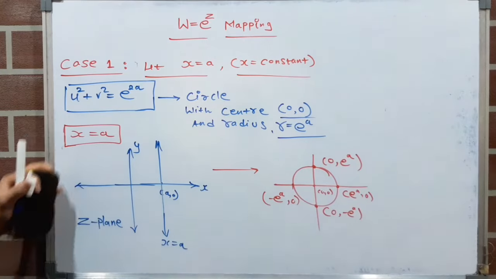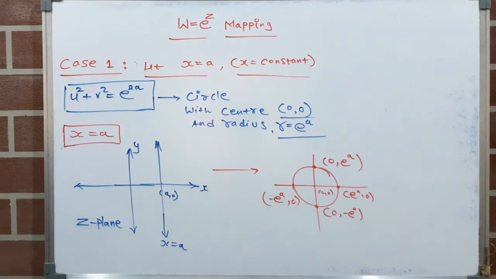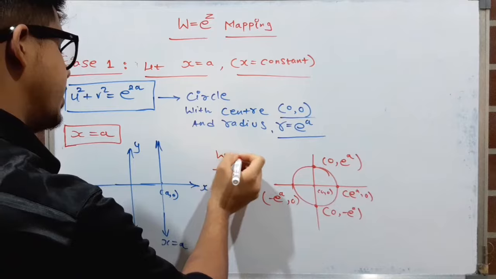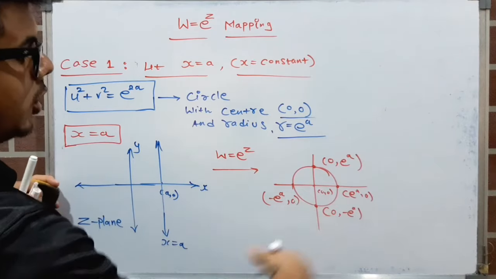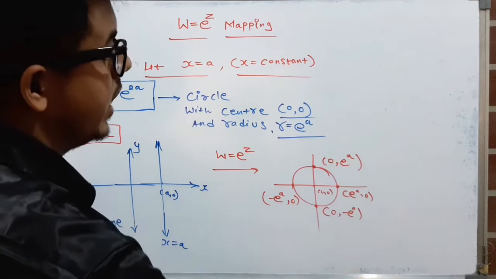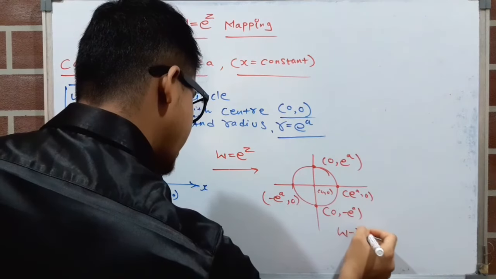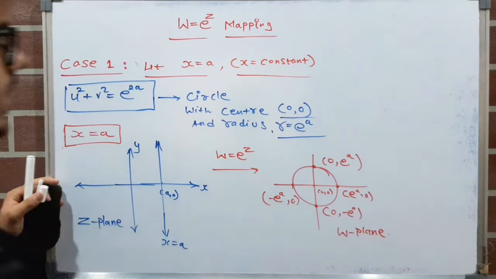So whenever x is constant, we get a vertical line. This vertical line is transformed by the transformation w equal to e raised to z into the circle with the center (0, 0) and radius e raised to a in the w plane. So that was case 1.